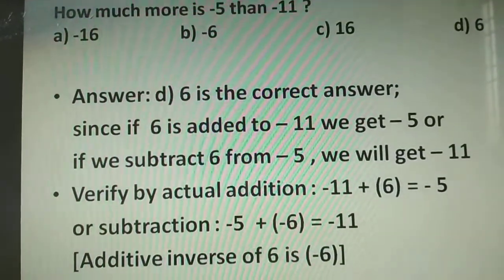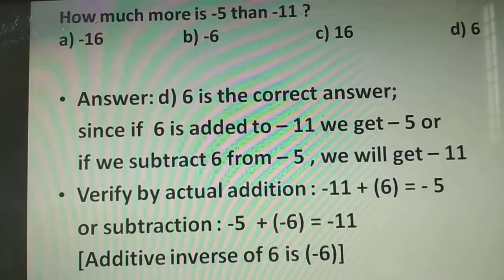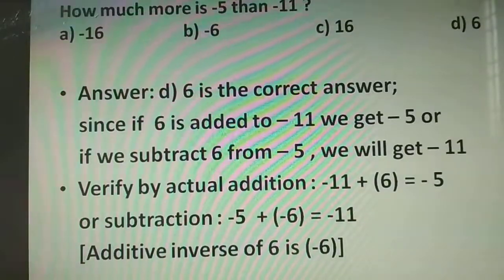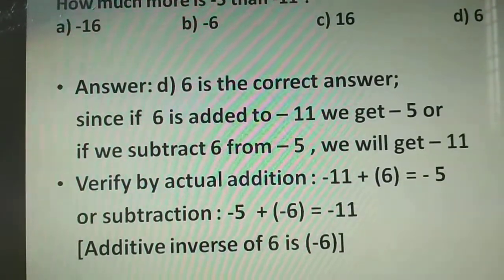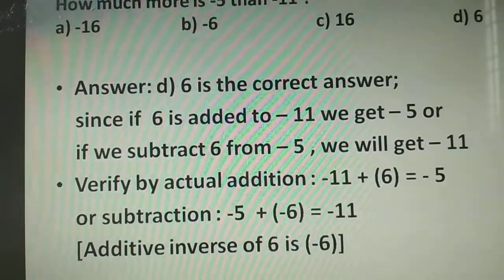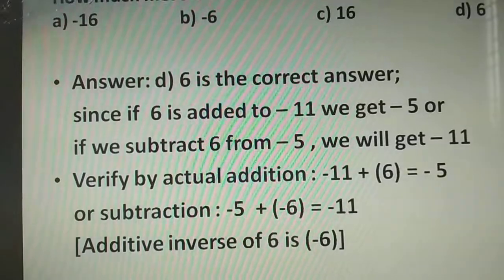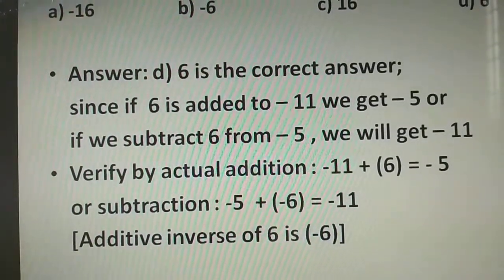So naturally, minus 11 is the smaller number, and minus 5 is the greater number. So if we add 6 to minus 11, we get minus 5, or if we subtract 6 from minus 5, we will get minus 11.